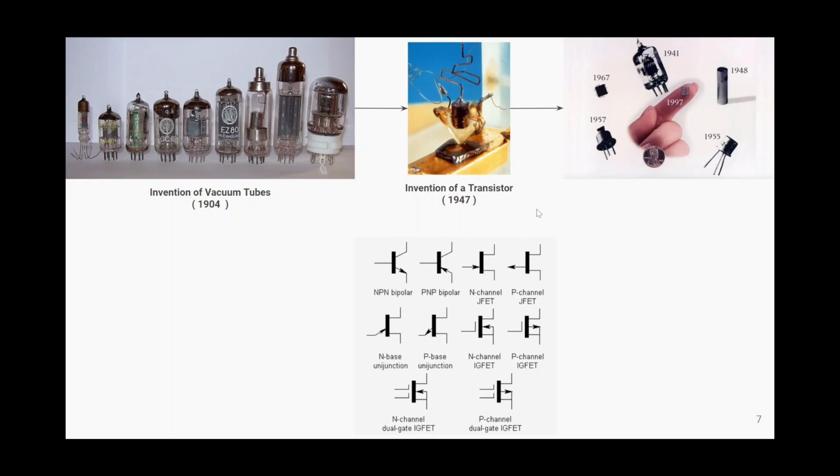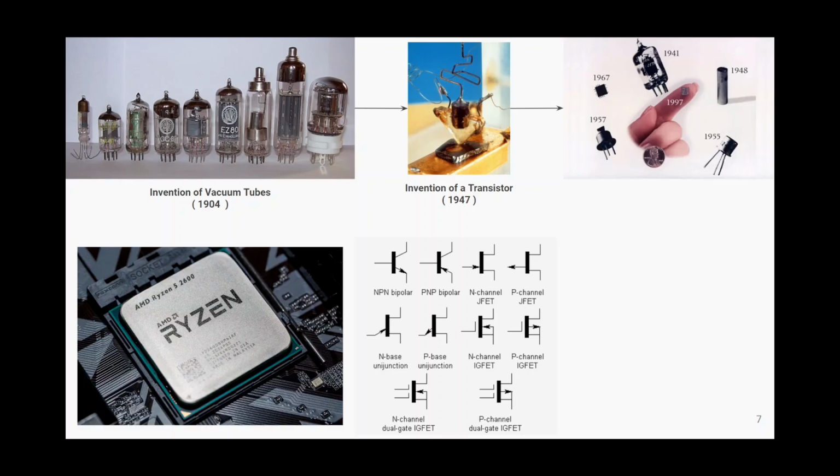Okay, now hopefully this gives you a good overview of digital ICs, microcontrollers and integrated circuits. So these are CPU ICs from AMD, and the basic building block is a transistor.